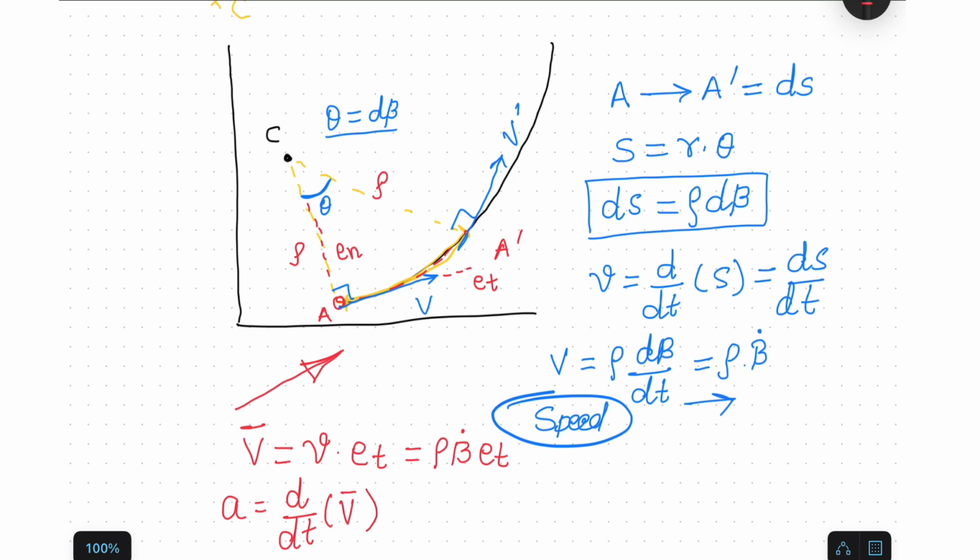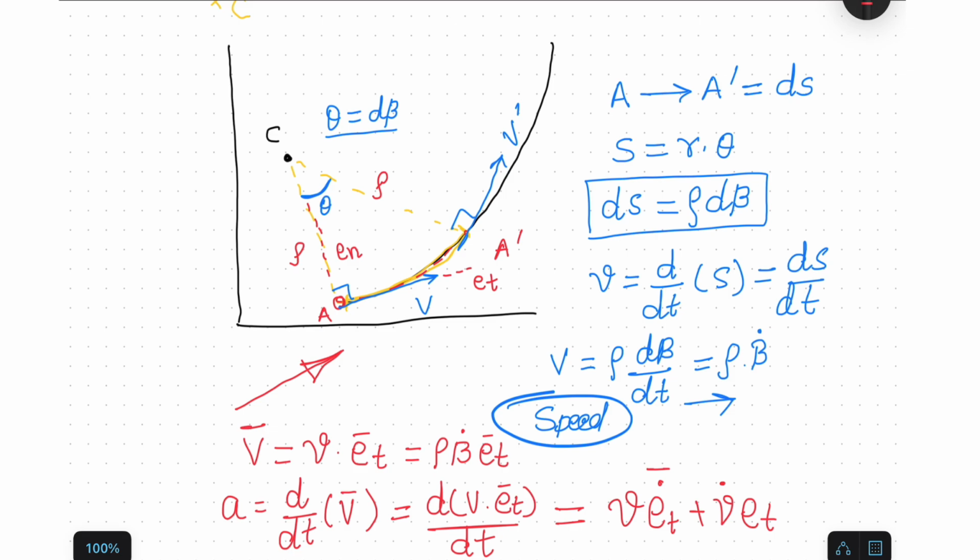And we can write again d(v et)/dt. These are vectors, so I should put the bar over here. So after differentiation I can write v et, a vector term, plus v prime et.